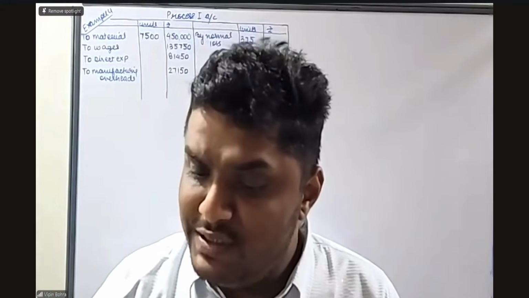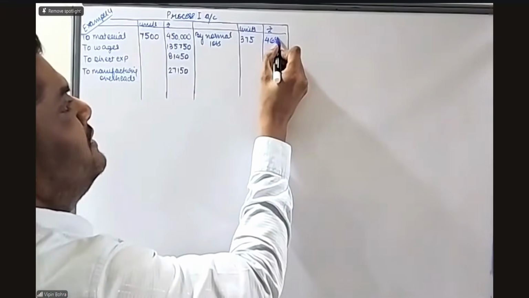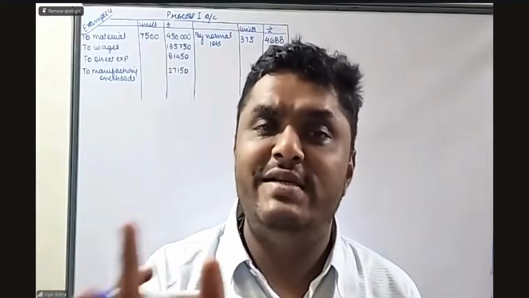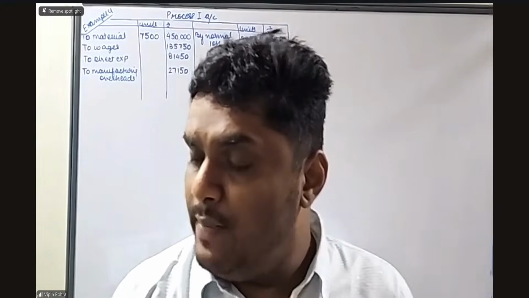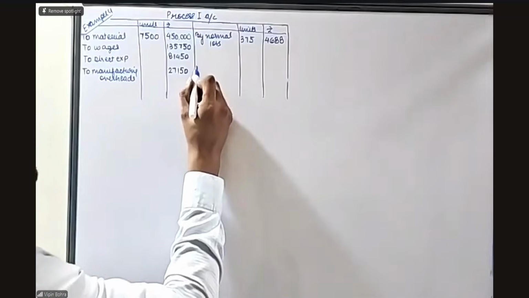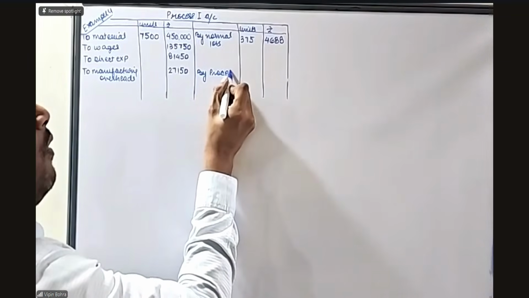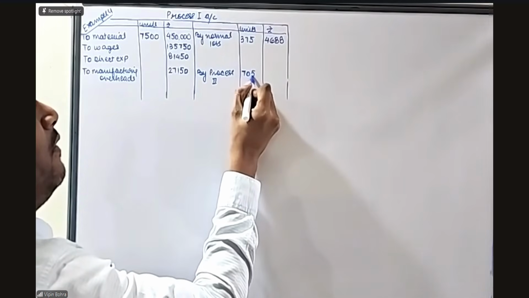So it will be 4687.5. So we can write this 4688. Nothing new. It's just the revision of what we have discussed till now. Now, when talking about the output, it is 7,050 that is to be transferred to the next process. So by process second, 7,050.